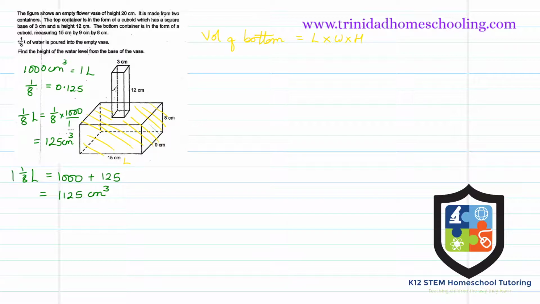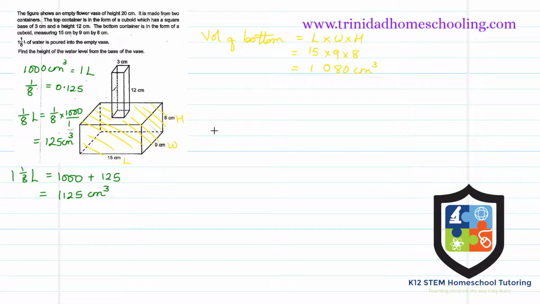This will be 15 by 9 by 8, which will give you 1080 centimeters cubed.